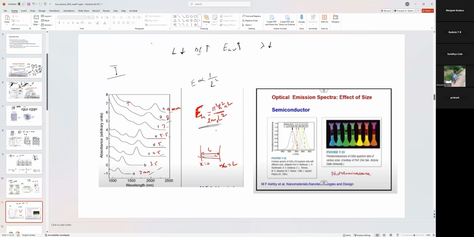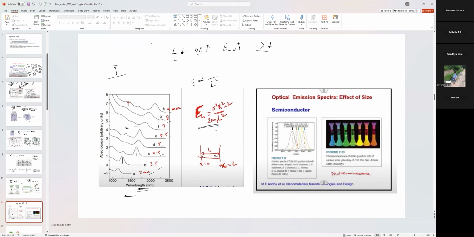So what's happening is the absorption peak is shifting to lower wavelengths as you're decreasing the particle size. L is decreasing, and the absorption wavelength, this peak, is shifting this way towards the lower wavelengths. This would be called your blue shift.